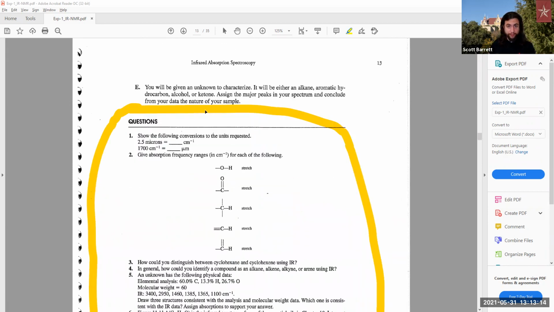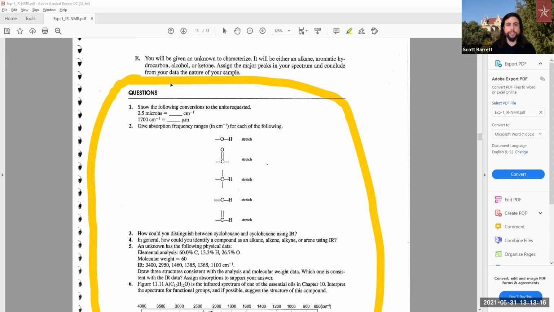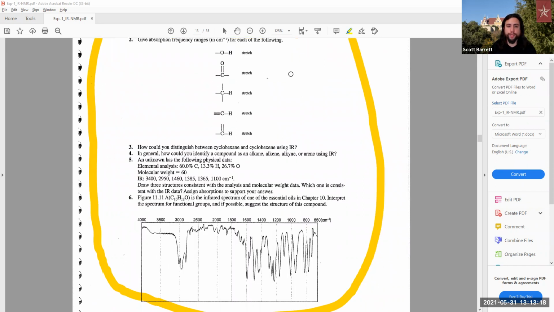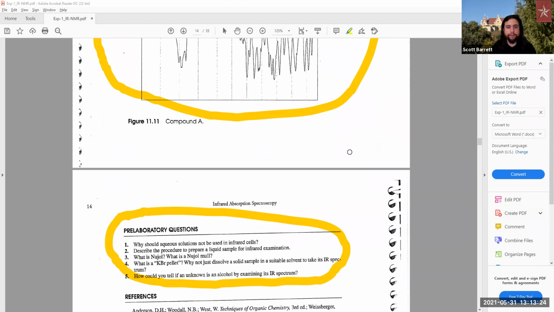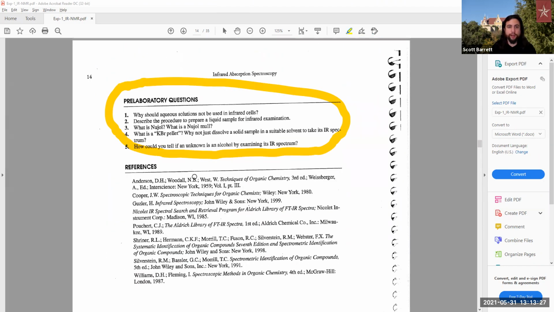So finally, these are our post-lab questions here. Make sure to complete these at the end of your lab manual after you've written up your procedure, etc. And then finally, these pre-lab questions should be completed before the class period. So please make sure to complete these, and then send me an email with these completed.